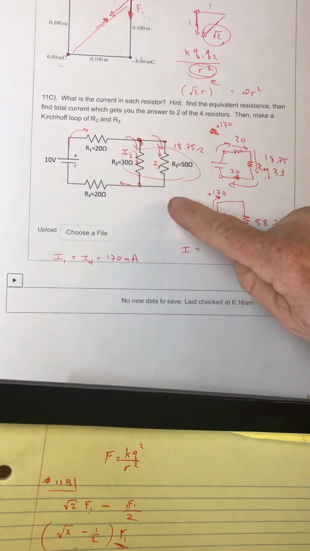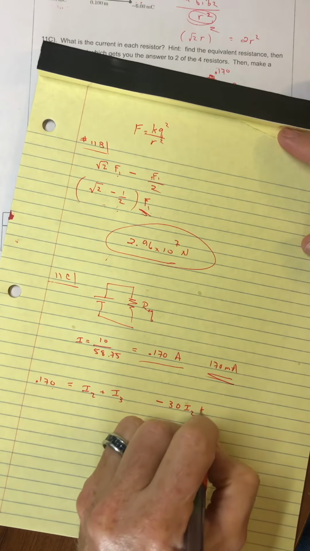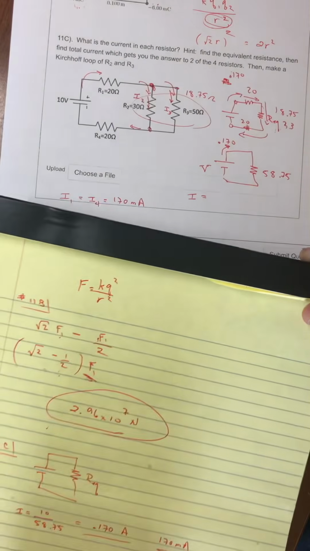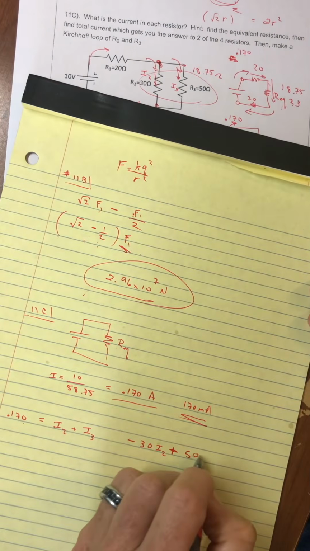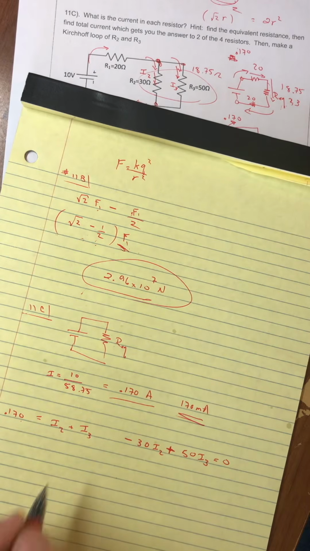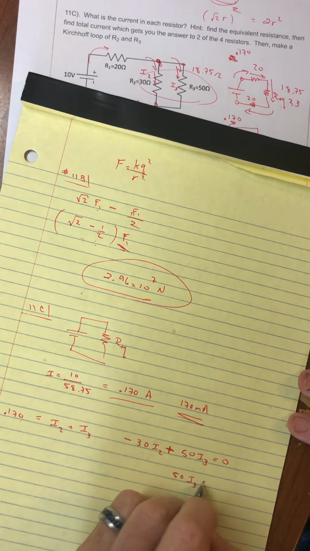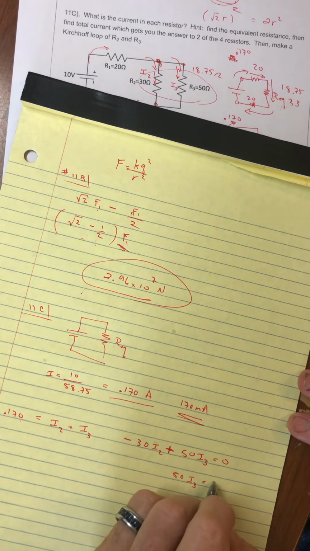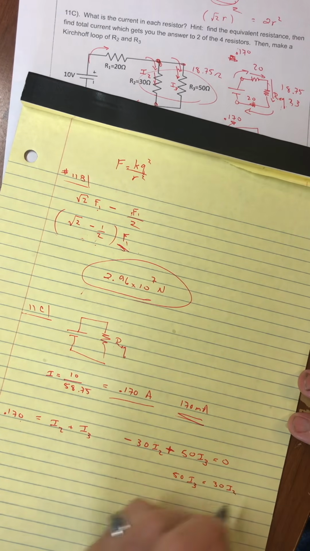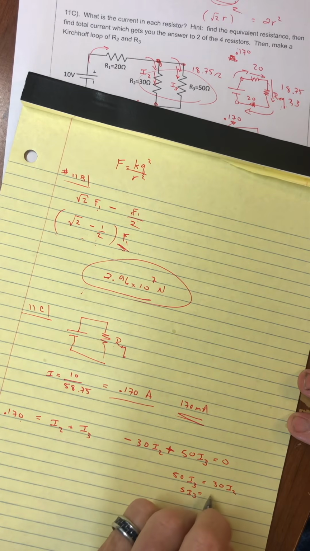Then we would come around and go against the current, so it would be a plus. And then it would be its resistance, 50, and its current of number 3, and that has to equal 0. And so 50 times I3 is equal to 30 times I2. Or 5 times current 3 is equal to 3 times current 2.